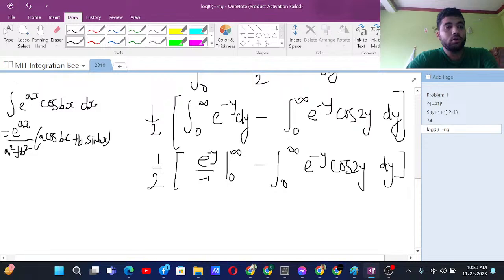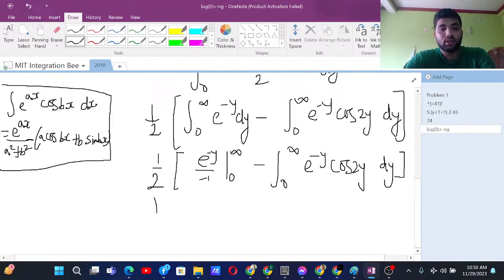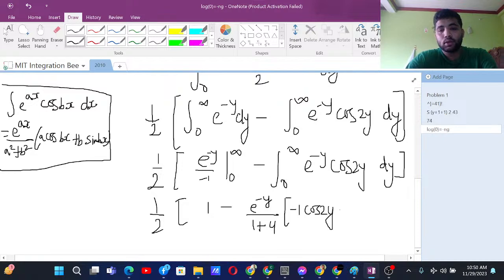I think you know this formula, and with it things get a lot easier. So 1 by 2, we will have 1 minus, e to the power ax by a square, which is minus 1 squared, just 1, plus b square, 2 squared, which is 4, times a cos bx plus b sine bx. So this is the integral, and it's going from 0 to infinity.